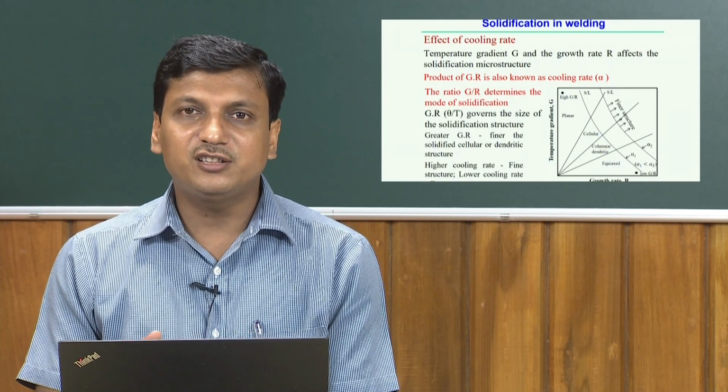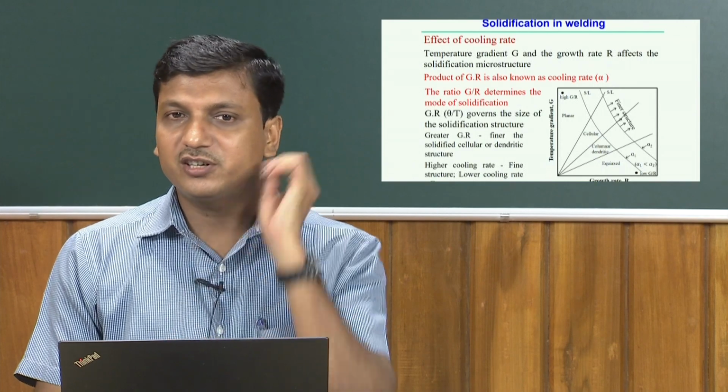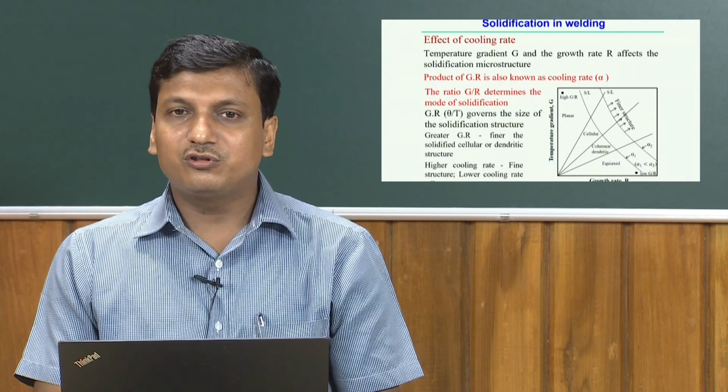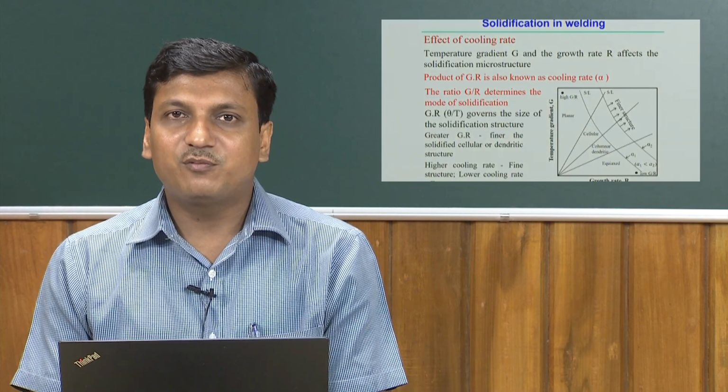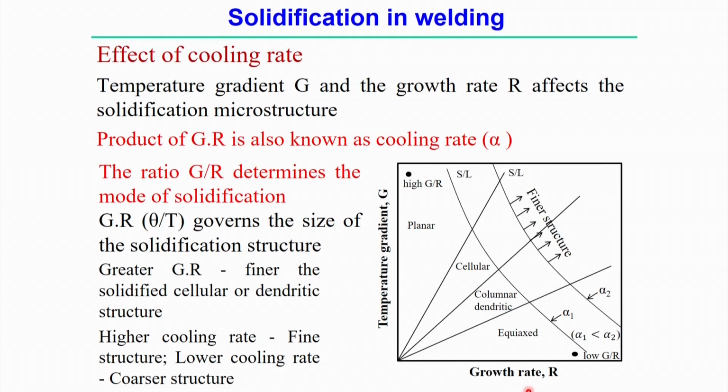By combining these two parameters, the temperature gradient and growth rate, you can see the product of G into R is known as the cooling rate. If we check dimensionally, G is the temperature gradient, temperature by length, and R is the growth rate, length by time.